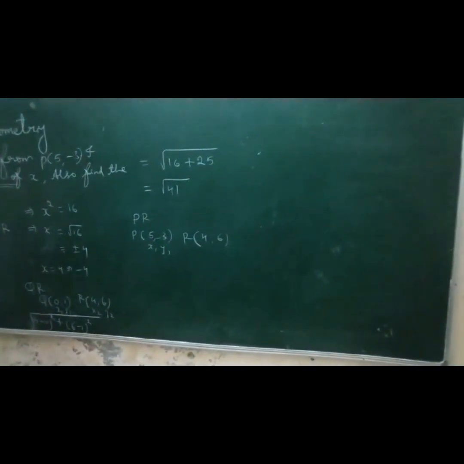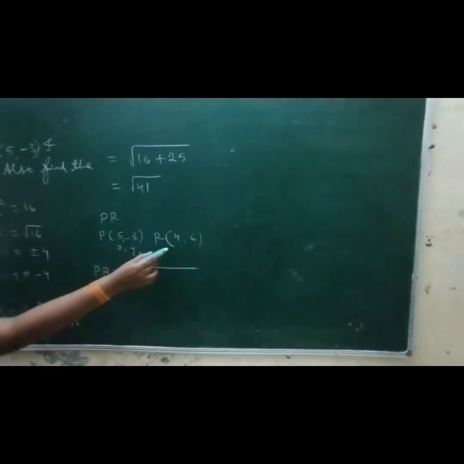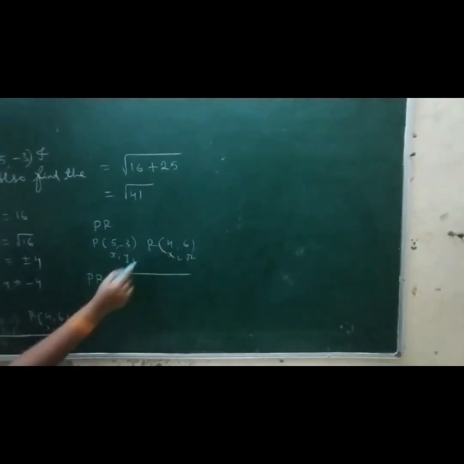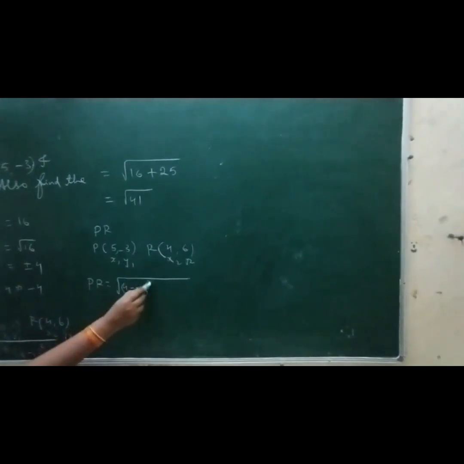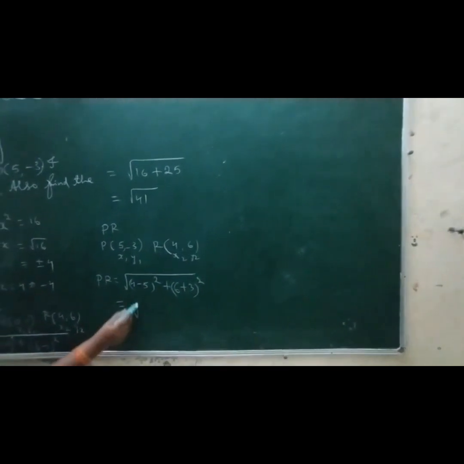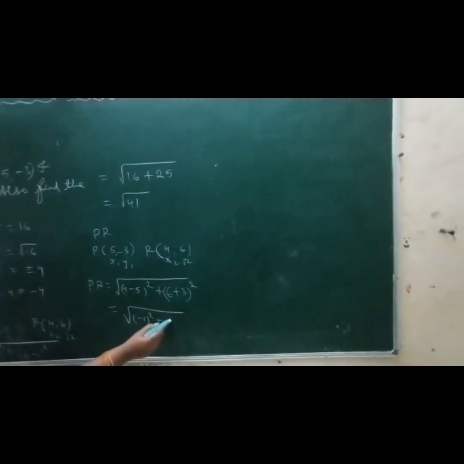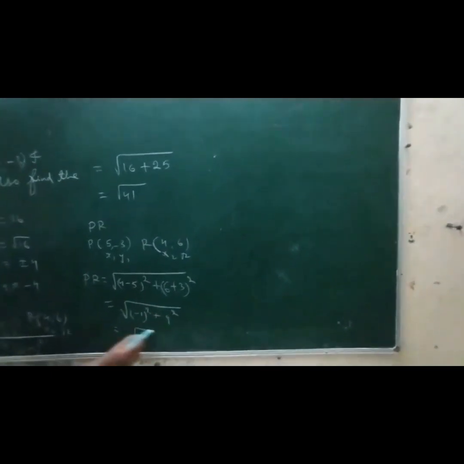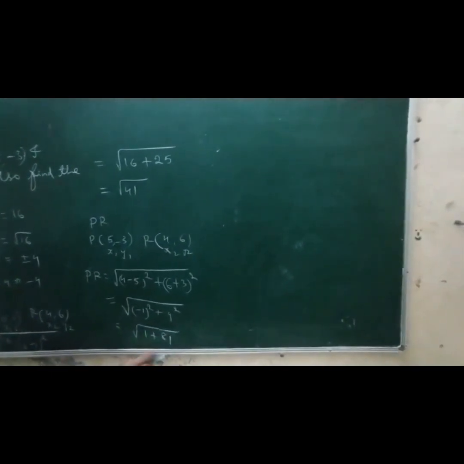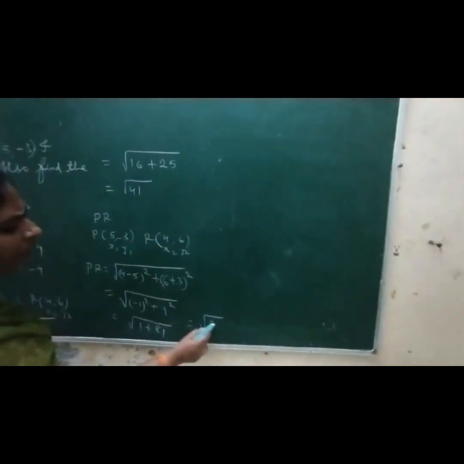Now let us find the distance PR, that is the square root of (x2 minus x1) whole square plus (y2 minus y1) whole square. So (4 minus 5) whole square plus (6 plus 3) whole square. 4 minus 5 is minus 1, whole square, and 6 plus 3 is 9, square. So under the root of 1 plus 81, since 9 square is 81, it is the square root of 82.